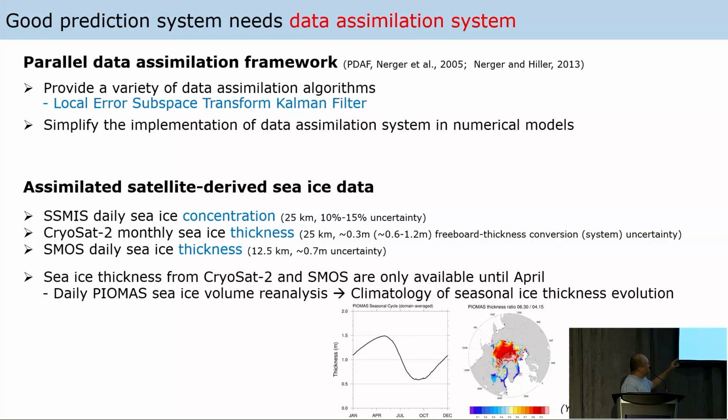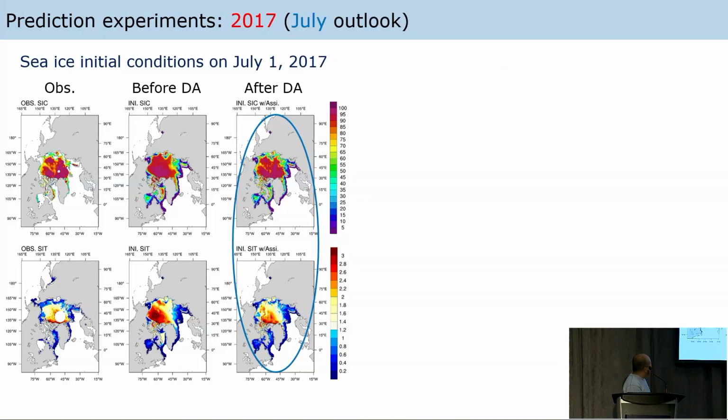So we use the daily PIOMAS reanalysis to calculate the climatology of ice thickness evolution, and then apply it to the satellite ice thickness to estimate the ice thickness on the date of model initialization.